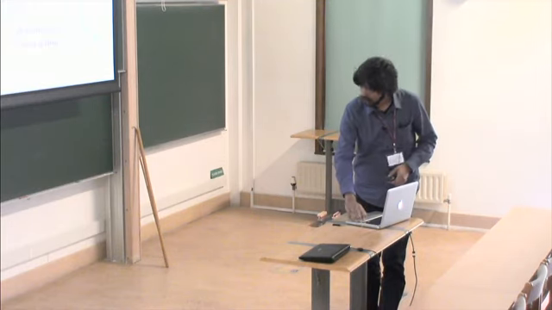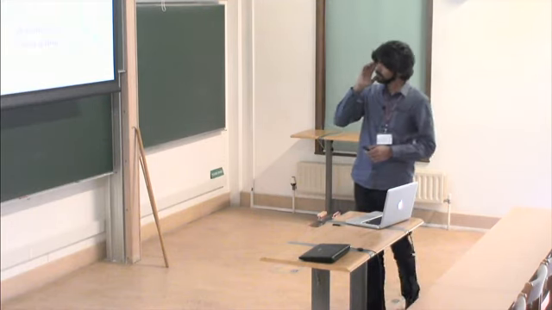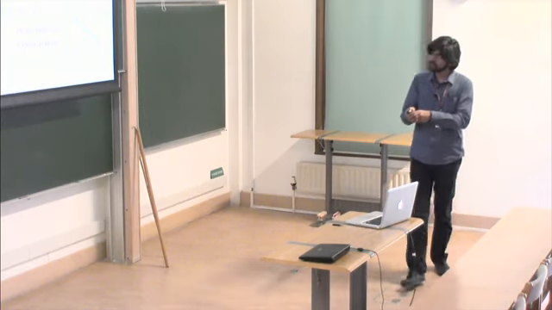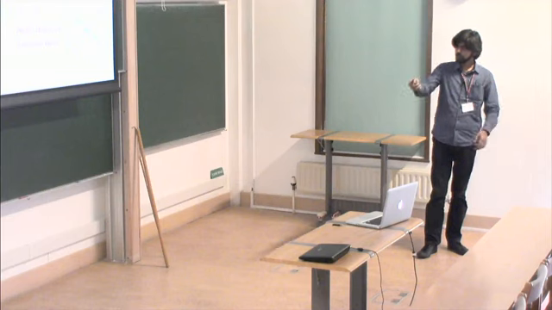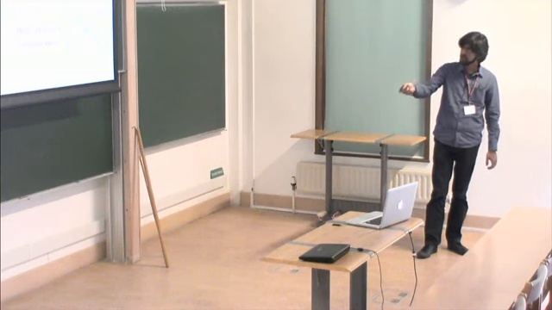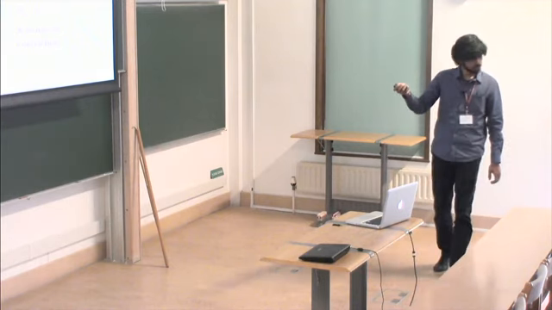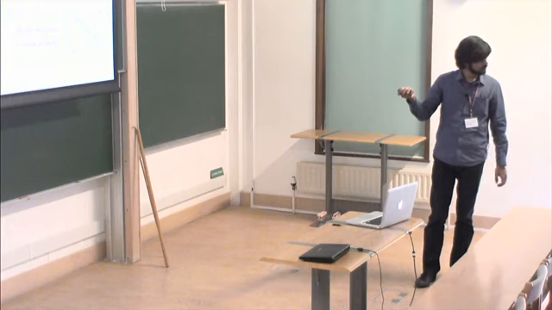And then we introduce the cellular constitutive relation, which is very simple. I disregard any viscous processes at this long time scale, and the cell is anchored like a solid to the matrix. You have compression, you have shear, and in addition, a negative pressure that comes from actomyosin-induced contraction.